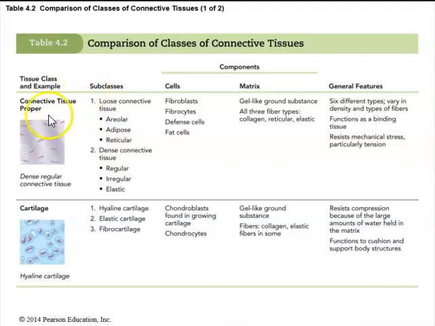We know that connective tissue proper can be broken down into loose connective tissue and dense connective tissue. We can further subdivide the loose connective tissue into areolar, adipose, and reticular loose connective tissue. Dense connective tissue can be further divided into regular dense connective tissue, irregular dense connective tissue, and elastic dense connective tissue.